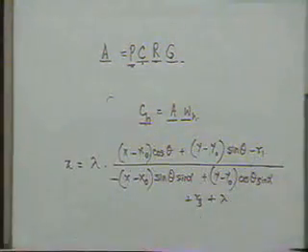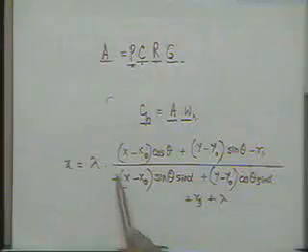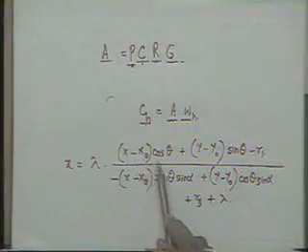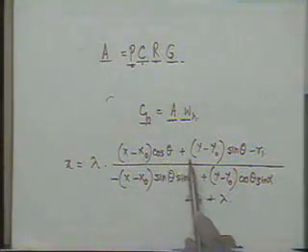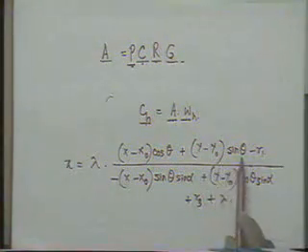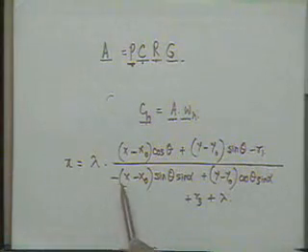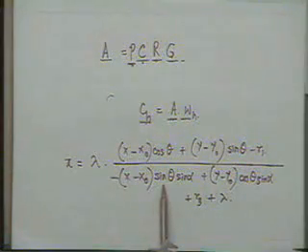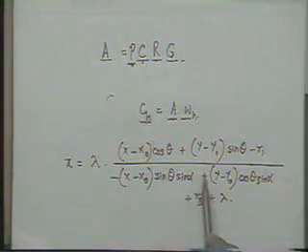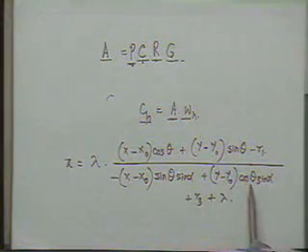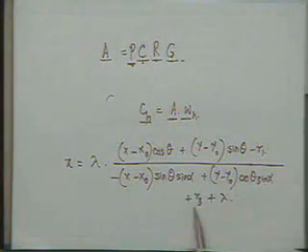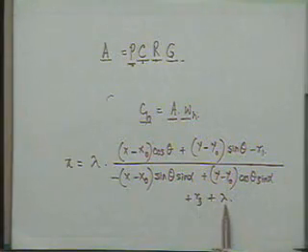Okay, so this is the expression for x. I repeat, x is equal to lambda times x minus x0 cos theta plus y minus y0 sin theta minus r1, divided by minus x minus x0 sin theta sin alpha plus y minus y0 cos theta sin alpha plus r3 plus lambda.